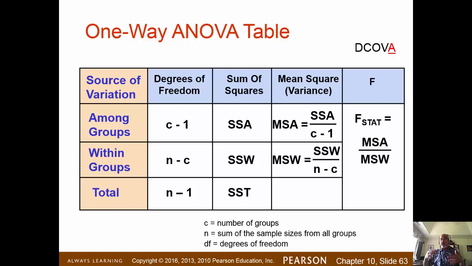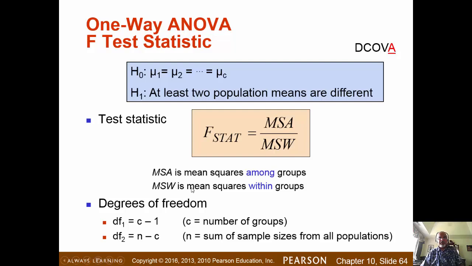On the other hand, if the groups are all the same, then MSA will be small and F stat will be small. So we have to have a critical value for the F stat value, and once F stat is greater than the critical value, we'll reject the null hypothesis. The table value is F sub alpha with these two degrees of freedom.